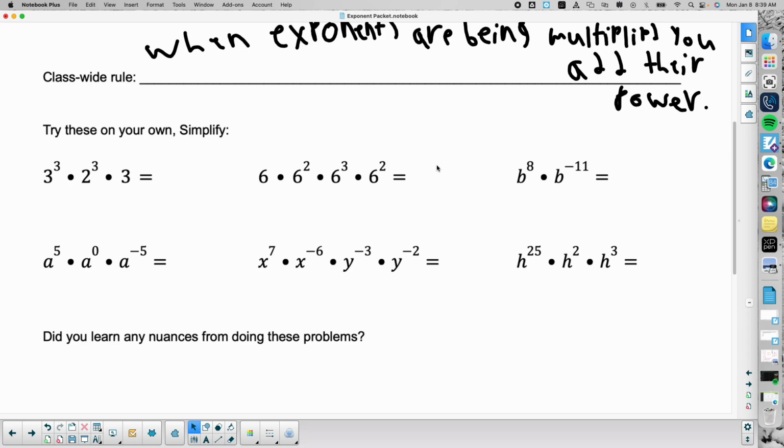Isaac, he needs some help trying to do 3 cubed times 2 cubed times 3. Oh, I wonder if that's a typo. Because that's kind of a tricky one to put in there right away. Okay, go ahead, Isaac.